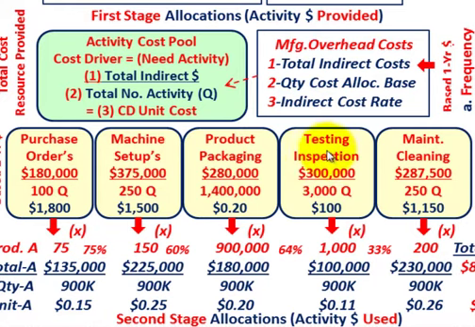And then our testing and inspection, that would again be on some batch level. We're saying that our overhead costs are sitting at 300,000, and we have a quantity of 3,000 different testing and inspections as our allocation base. So 300,000 divided by 3,000 gives us $100 per testing and inspection setup. And then we have this last cost pool for maintenance and cleaning.